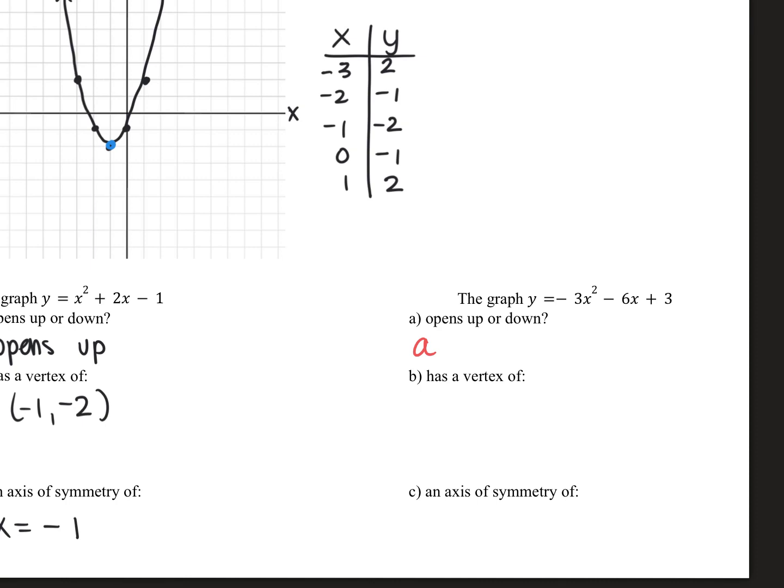More specifically, if a is greater than 0, it opens up, and if a is less than 0, it's going to open down. So in our case, a is -3, which means it's less than 0, which means the parabola is going to open down.